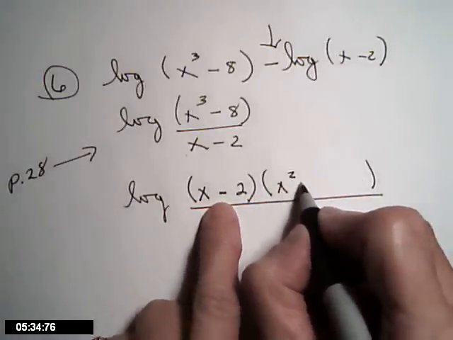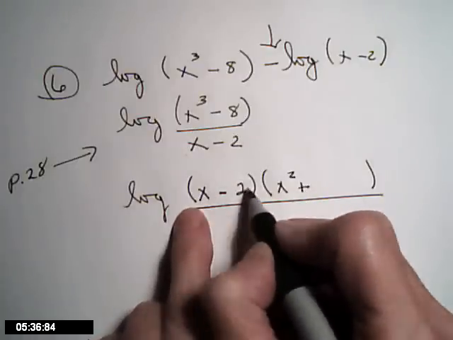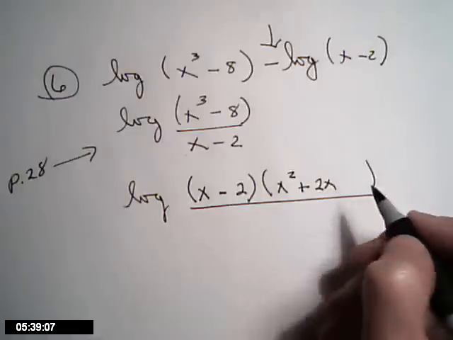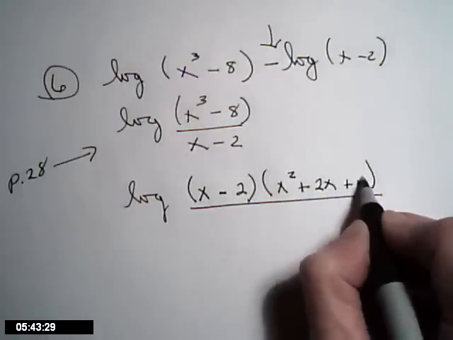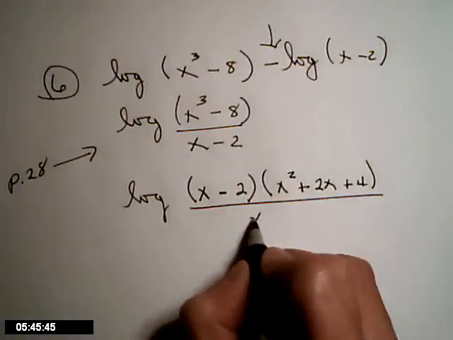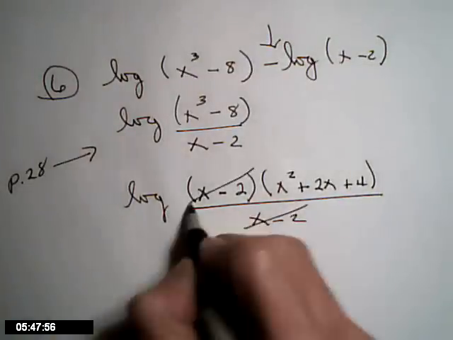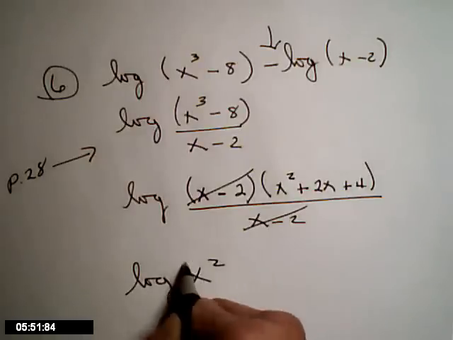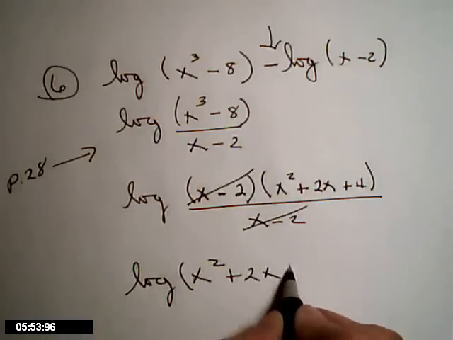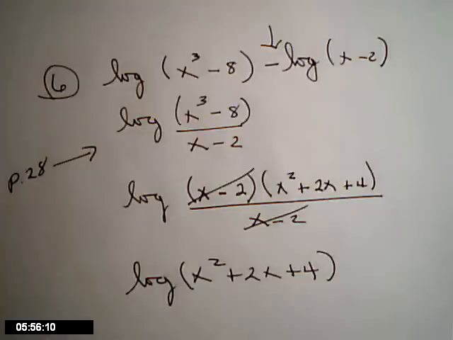You're going to change the sign. You're going to multiply those two together. Now don't multiply them by 2, that's another rule. And then square the last. Okay, in the denominator we just have x minus 2. And you see what happens, we lose a term there. So we have log of x squared plus 2x plus 4 for an answer.